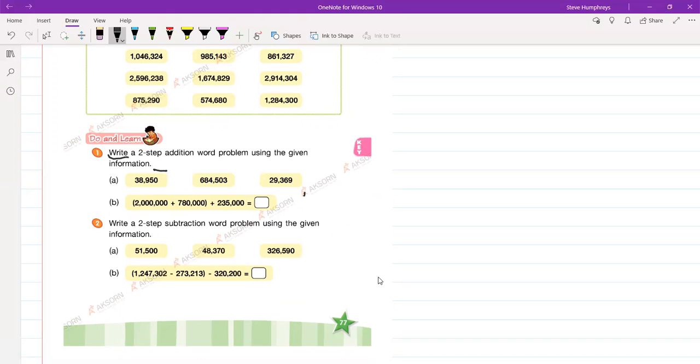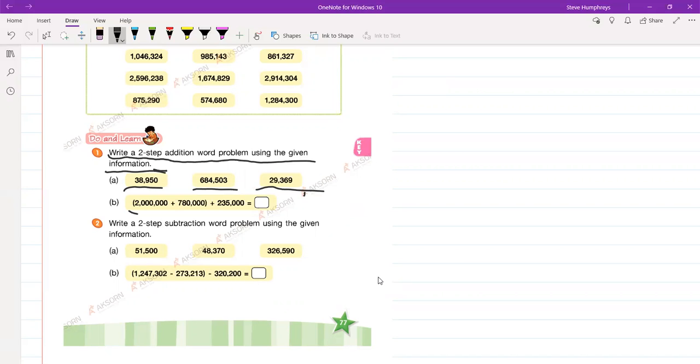It says, write a two-step addition word problem using the given information. Because everyone will do theirs differently. So I think we should do it as a class. It will give you 3 numbers, and you can create your own word problem.